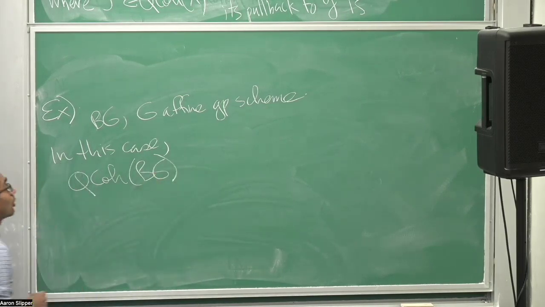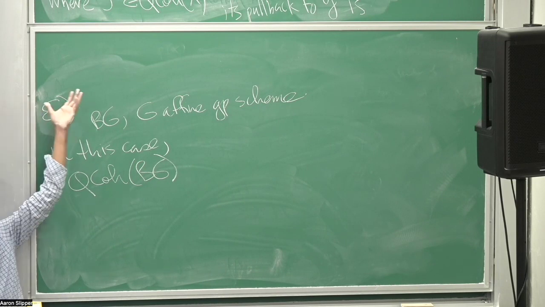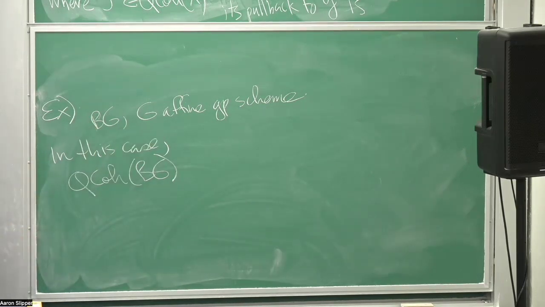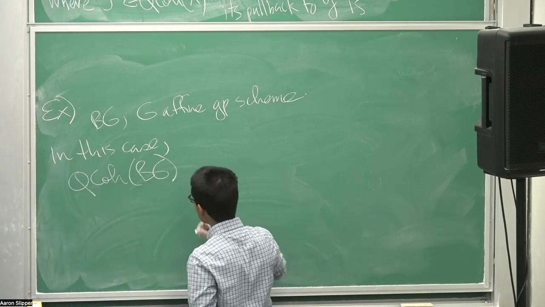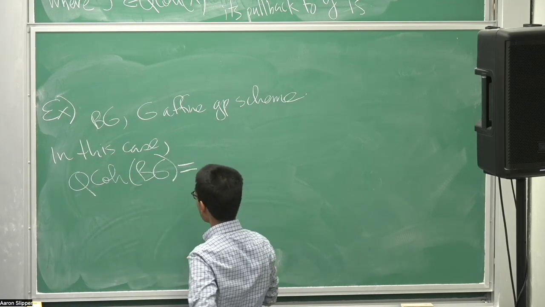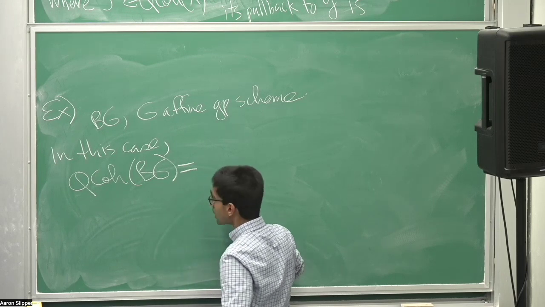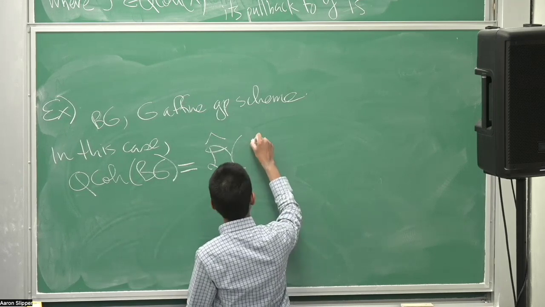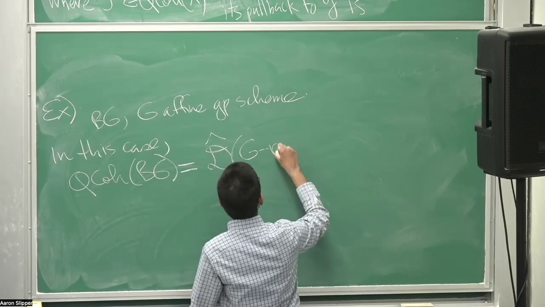Also, what is the heart of this t-structure? The heart of this t-structure will be classical quasi-coherent sheaves on the underlying classical stack, the abelian category of quasi-coherent sheaves on the underlying classical stack. So if you have an affine group scheme, then the point is that QCoh of BG is the left completion of the derived category of G representations.